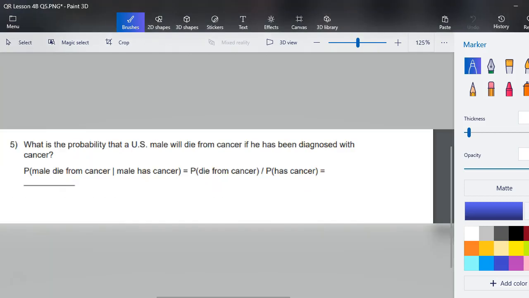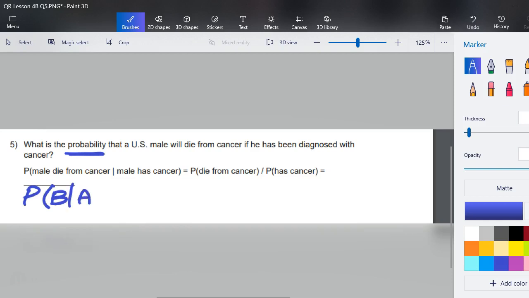Remember, you can start and stop this video as much as you need to slow this down to talk about these probabilities. Make them make sense. Use your own words, your own terminology, talk it out to yourself. Like, the probability that a male will die from cancer given that he has cancer.